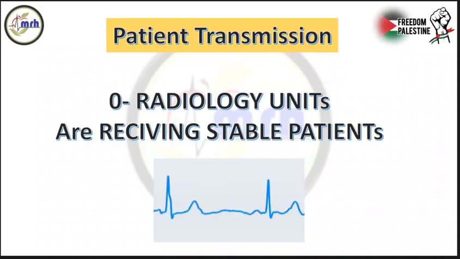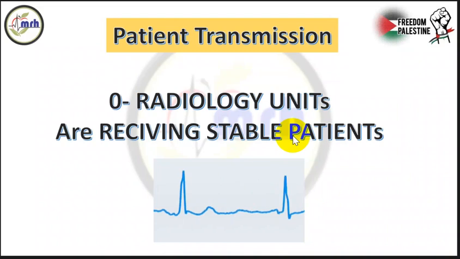But the zero step is that radiological units are receiving stable patients. It's not suitable for me that the patient comes in an accident and has a shock and bleeding and is about to die, and I take him to do ultrasound. No, I must take him to the ER to preserve his blood pressure, his pulse, his vital signs before I think about transmitting him to the radiology unit.